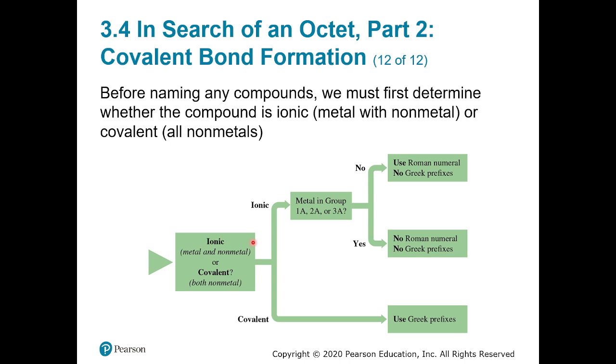So if it's a metal and a non-metal, then it's going to be ionic probably. If it's a non-metal pair, then it's likely going to be covalent. So if you don't have any metal, you probably have covalent. Almost certainly for you guys. If you have a metal, it's probably going to be ionic. Almost certainly ionic for you all.